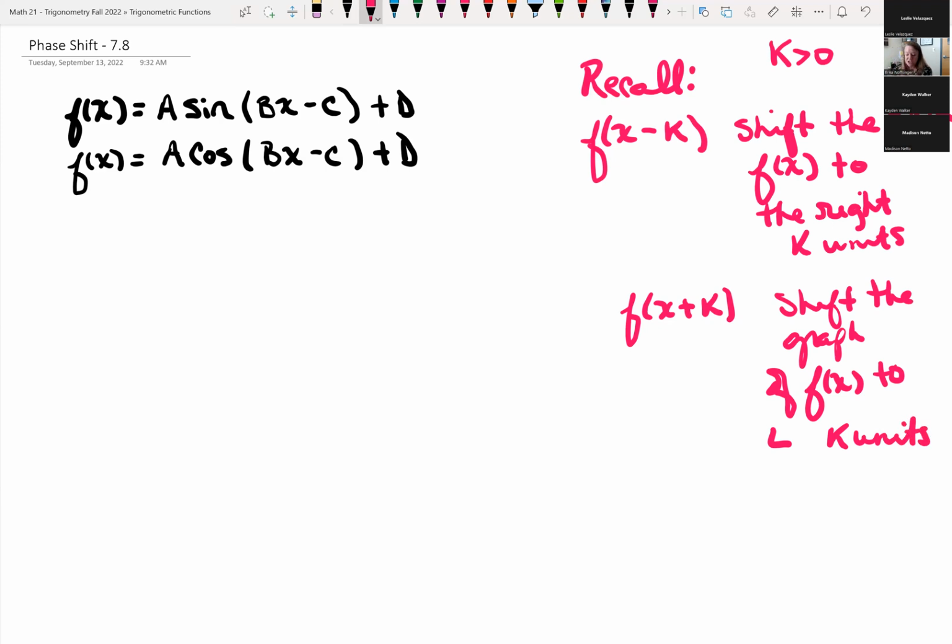Okay, so that was a horizontal shift. And so that's what's going to be our phase shift, what's shifting it. And it really depends, because maybe this is not the number 1 in front of the x.